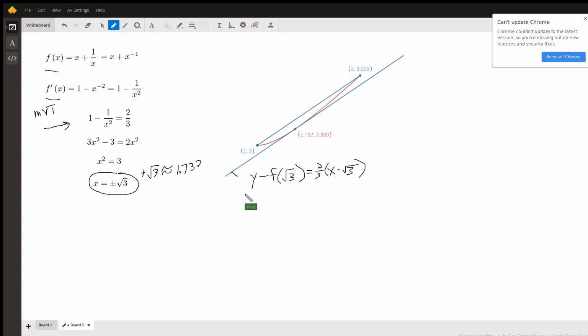Okay, that happens to be the equation of the tangent line, but the x-coordinate where the slope of the tangent line equals the slope of the secant line is the square root of 3. So that's the answer to the question.